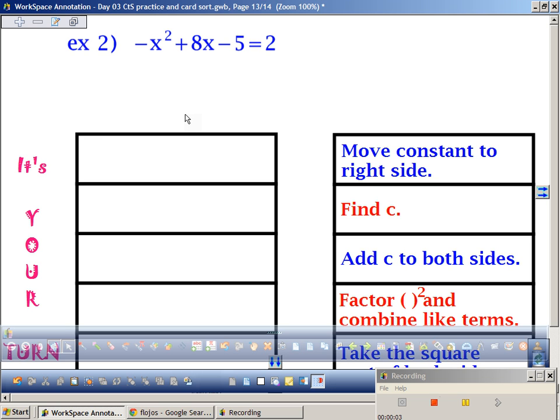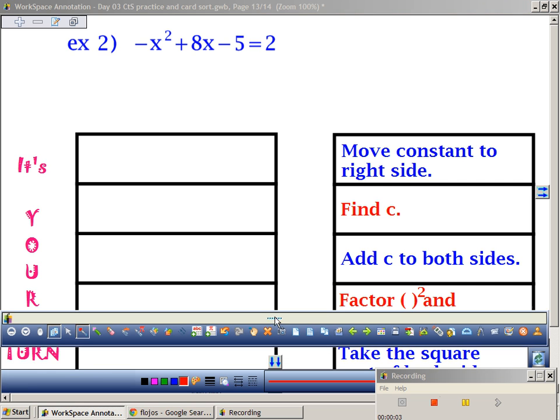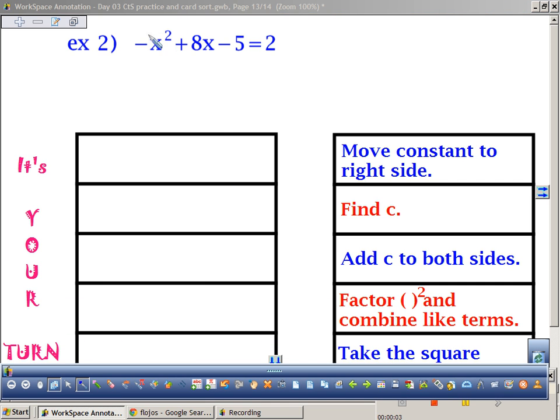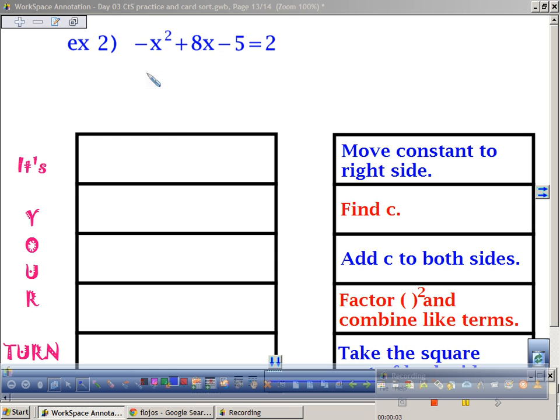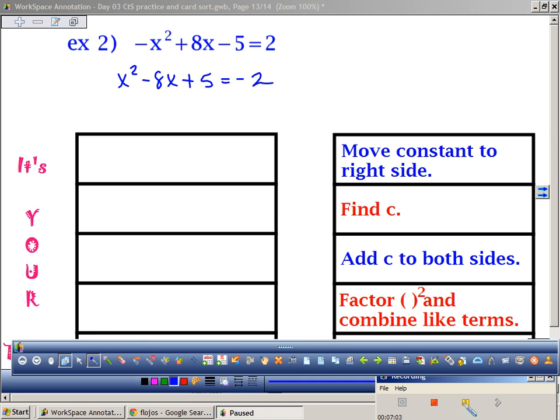That's a good idea. If I multiplied every single thing here by negative 1, didn't I just do the same thing for everybody? Can't I do that? So let's change the sign of everybody. So I'd make this x squared. What would this one become? Negative 8x. What would this one become? Positive 5. What would this one become? Negative 2. Now I think you guys can do each one of these steps. So go ahead and do those.